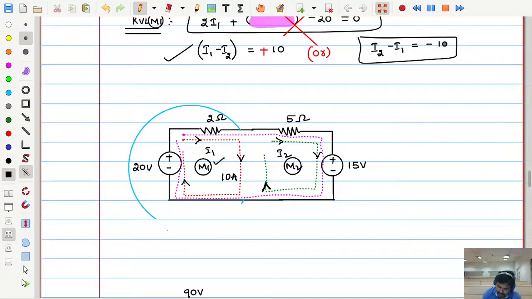This pink color mesh is formed when mesh 1 and mesh 2 are combined.